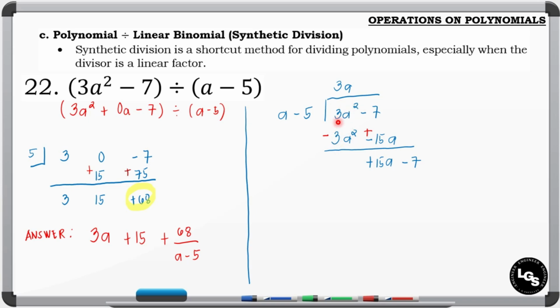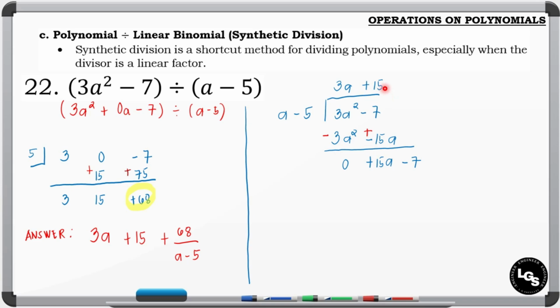Then for this one, 3a squared plus negative 3a squared, that will become 0. So we have already brought down the negative 7. So we are going to proceed with the division process. So 15a divided by a, that is positive 15.